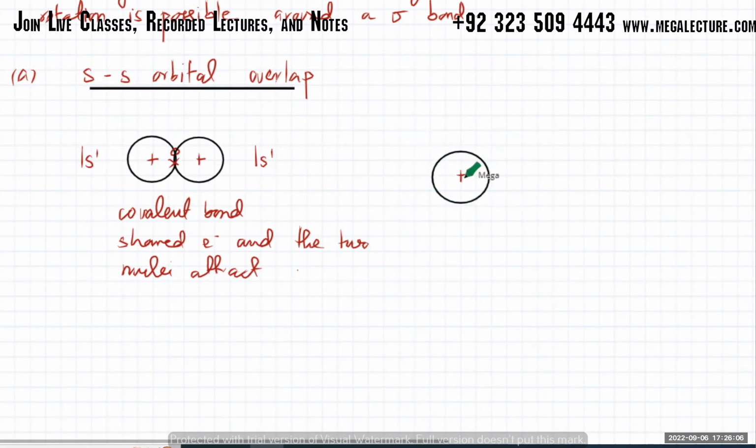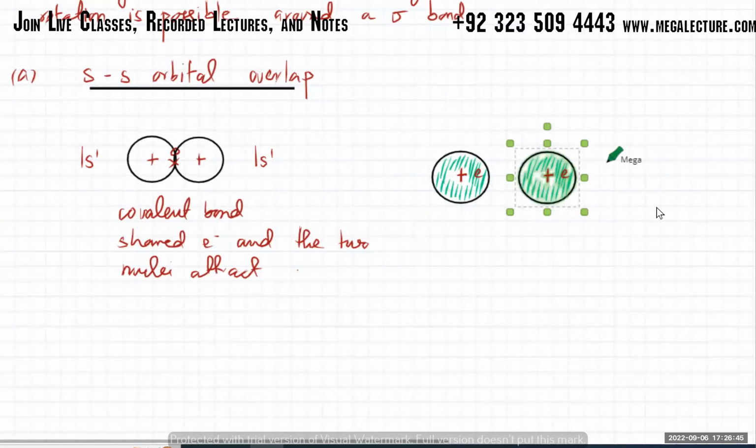So its negative charge is distributed in the entire area. The other one is exactly the same. So that's one electron and its negative charge distributed in a particular area around the nucleus.